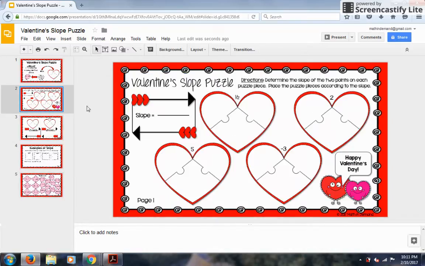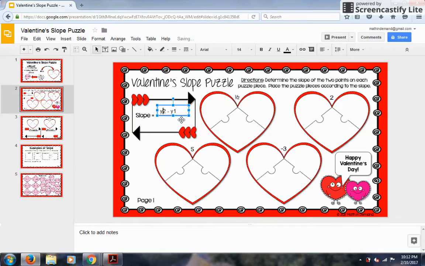And once they solve the problems, they're going to take those and place them according to their heart. So I'm going to start here though, and I'm going to show you, I added a text box so that I can just click it. Makes it super easy for those that have an iPad or Chromebooks, and they can just type in the slope formula.